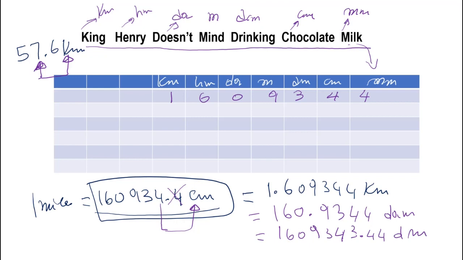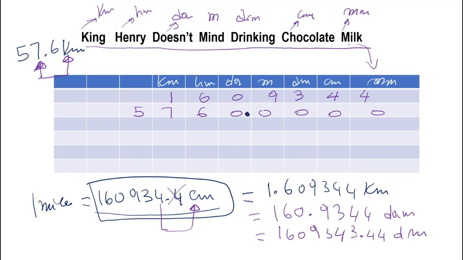Let's say here 7 goes to kilometers. I put 7 here. Then I put 5 here. Then what follows 7 is 6. Then I fill the empty spot with zeros. So if I want it in kilometers, I put the decimal point here. It'll be 57.6 kilometers. Now, if I want it in decameter, I plug my decimal point here.